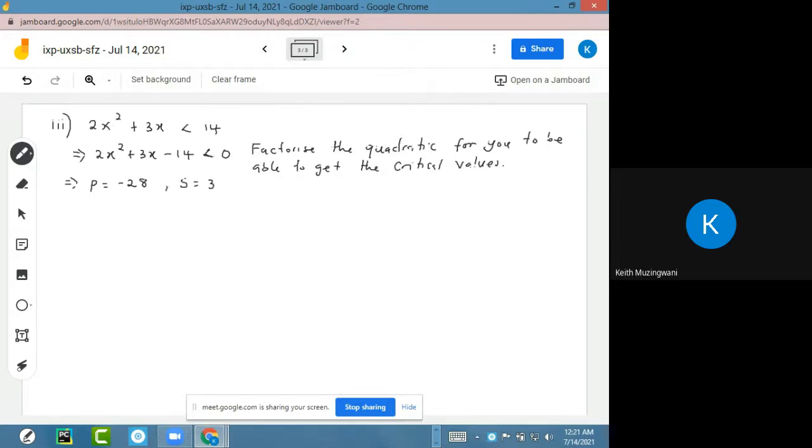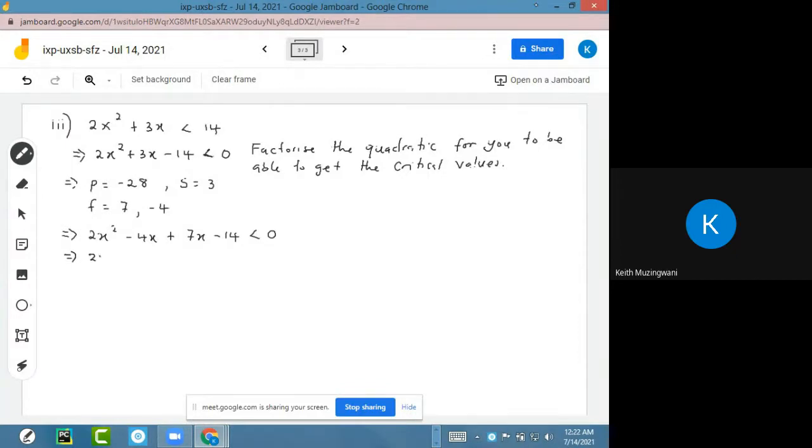So what are the factors? I'm thinking here, the factors will be 7 and negative 4. So that we have 2x squared minus 4x plus 7x minus 14 is less than 0.